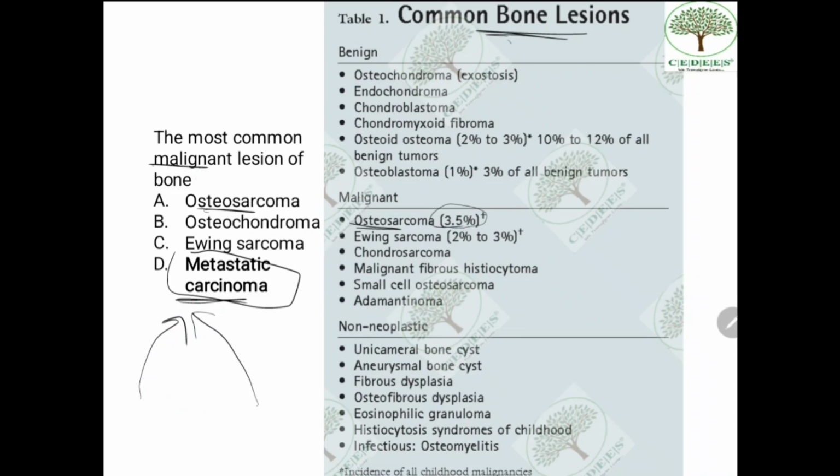When a patient comes, for example, with a malignancy or a lesion on the bone, in most of the cases they always do a full body scan and check whether there is any cancer in any other organ of the body which has metastasized to the bone. So the most common one in that case is a metastatic carcinoma. But if they have asked within bone only, a primary malignant lesion of bone, then the answer would be osteosarcoma. I hope that was clear.